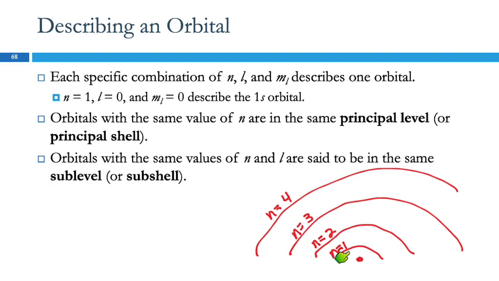So it could be in level 1, level 2, level 3, level 4. Within level 2, there are sublevels, right? There's 0 and 1, so there's 2 sublevels. In n equals 3, there's 3 sublevels. And in n equals 4, there are 4 sublevels.